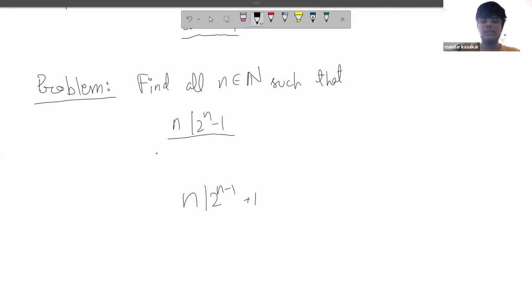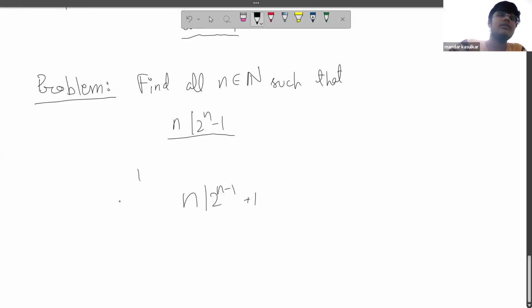But one thing in number theory is that whenever you have an n, try to reduce it to a prime because primes are just much better to deal with. Oh wait, before this, sorry, I made a mistake.